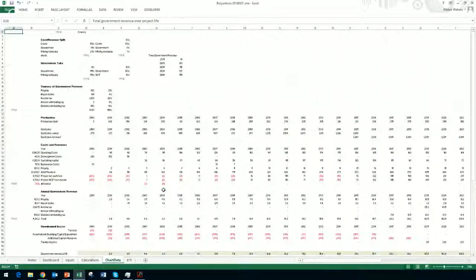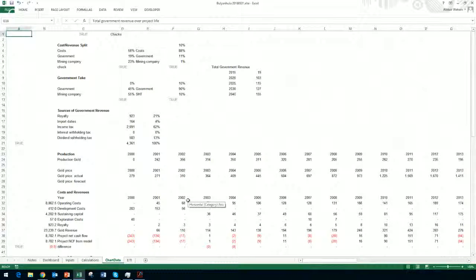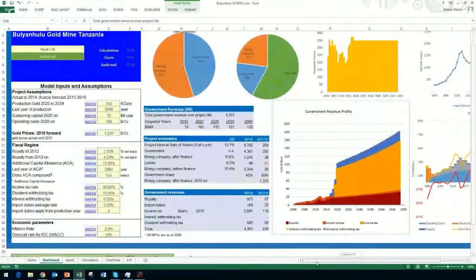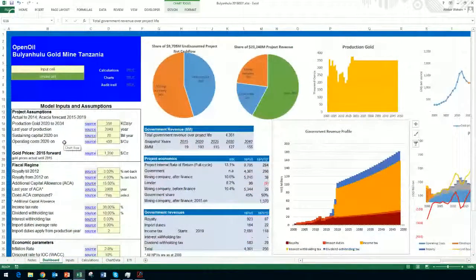The last substantive sheet is called chart data, which just takes some of those numbers to capture those that then become the charts that you see on the dashboard. So most of the time you can drive and see all the key results simply from the dashboard. You don't necessarily need to get into any of the other sheets.